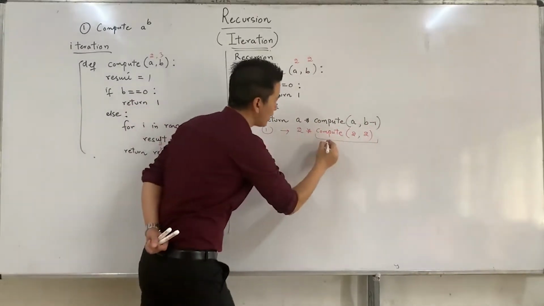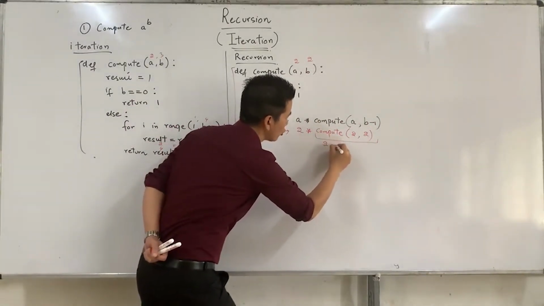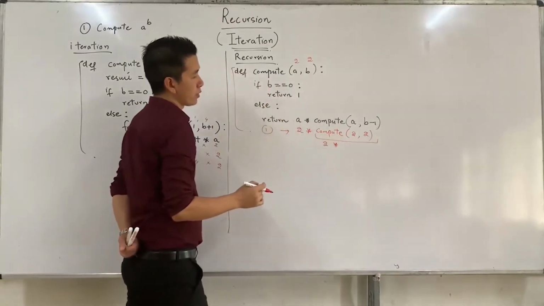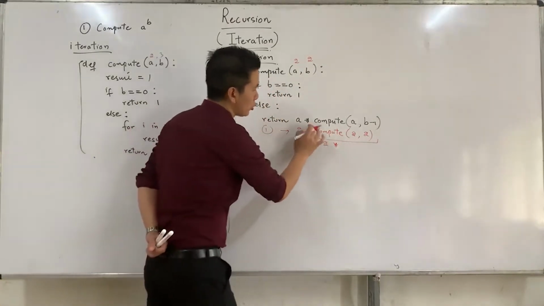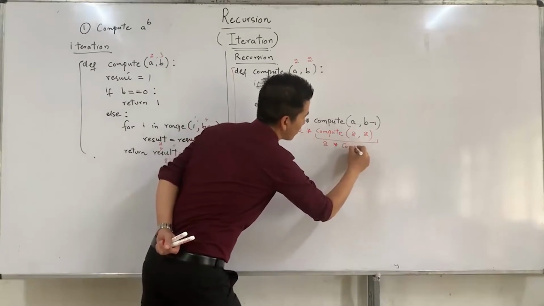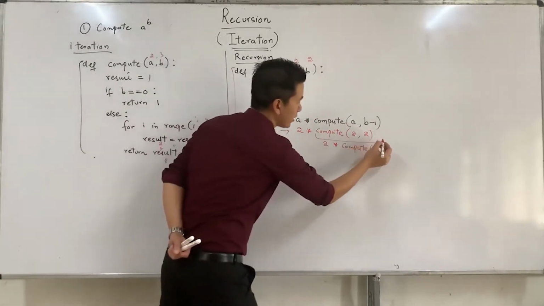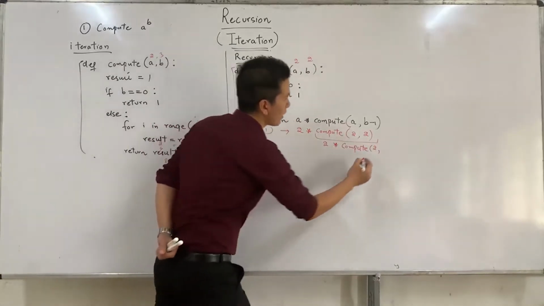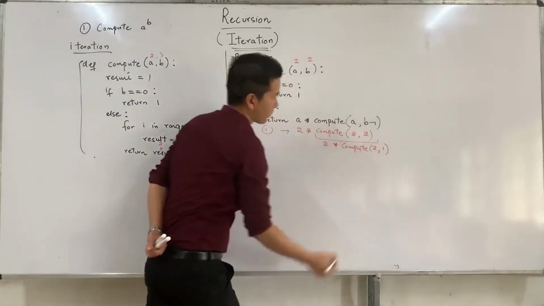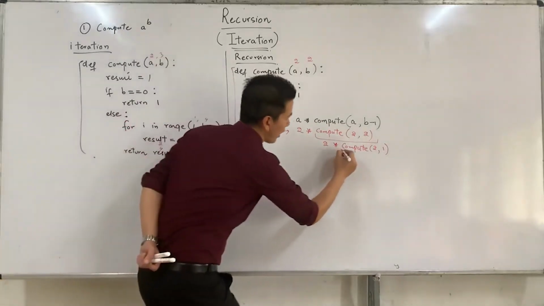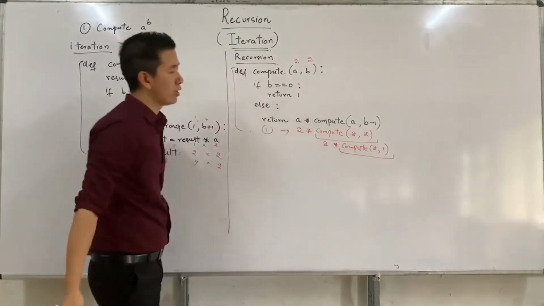So it's going to be like the value of A is still 2, 2 into, okay, this 2 will be retained, 2 into compute 2, and then the value of B is 2, 2 minus 1 is 1. So again, you have another recursive call.